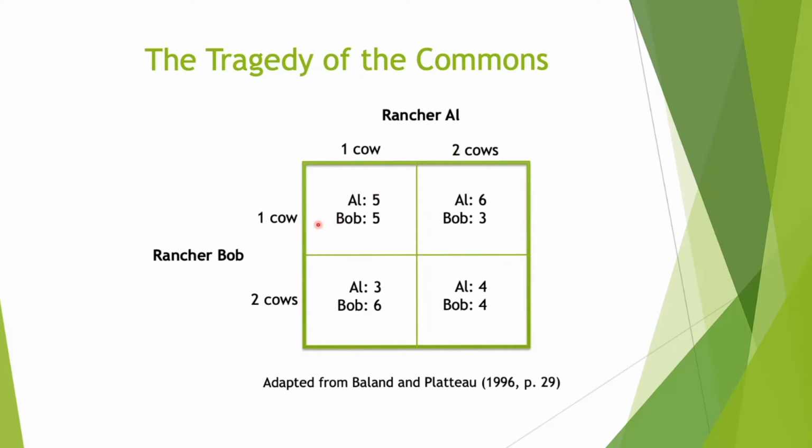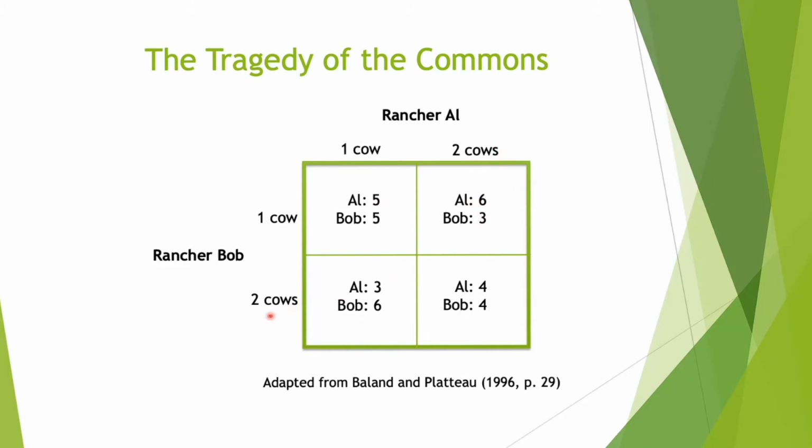Well, he doesn't really know what Bob's going to do. So if Bob chooses to put 1 cow into the pasture, then Al's choice is either 5 pounds of weight gain if he puts 1 cow out to graze, or 6 pounds of weight gain if he puts 2 cows out to graze. So he's going to choose 2 cows.